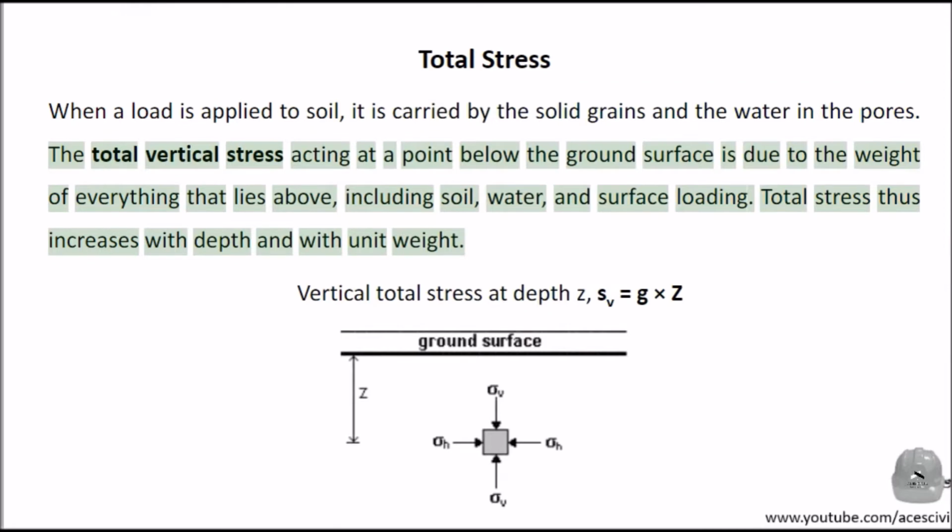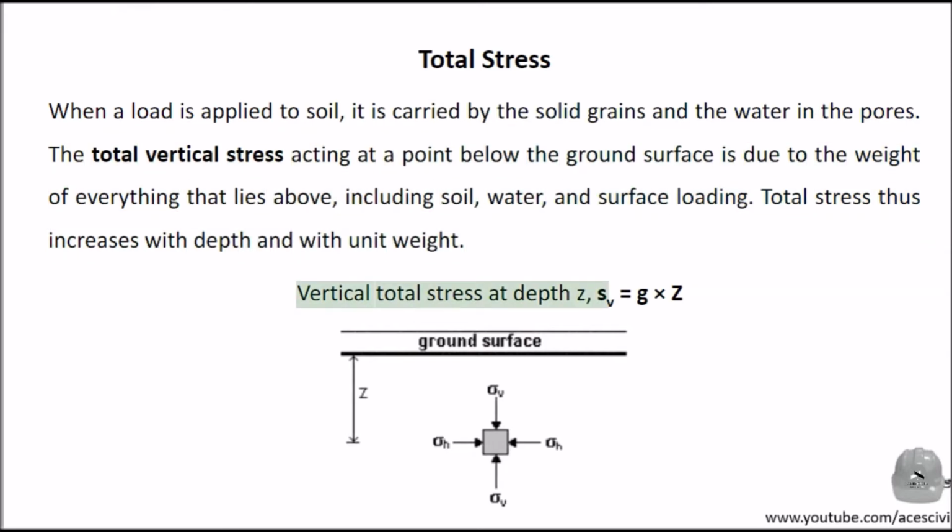Total stress thus increases with depth and with unit weight. Vertical total stress at depth Z, σv equals γ times Z.